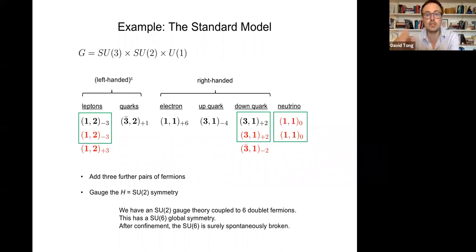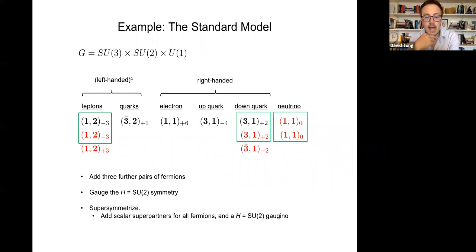However, we just need a small twist. And the small twist is to add some scalars and 1 extra fermion. So I'm going to supersymmetrize everything in sight. All the fermions here, I'm going to add a superpartner scalar, and so they're charged under the standard model gauge group.